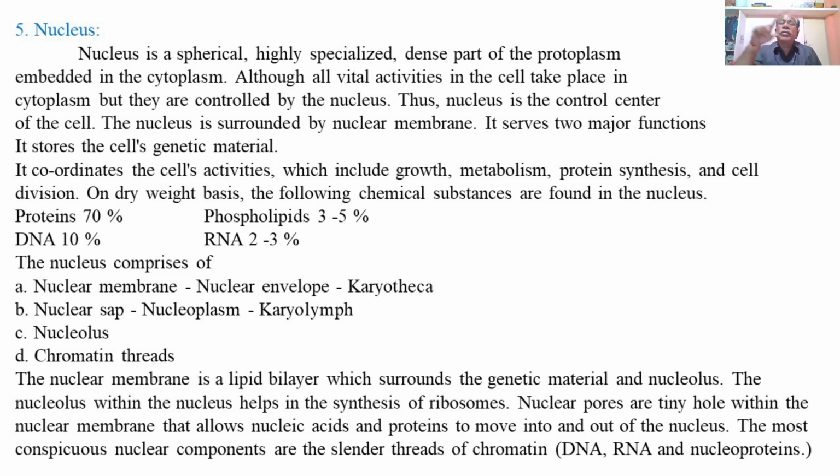The nucleus is surrounded by the nuclear membrane and it serves two major functions. First, it stores the cell's genetic material in the form of chromosomes, and secondly, it coordinates cell activities, which include growth, metabolism, protein synthesis and cell division.